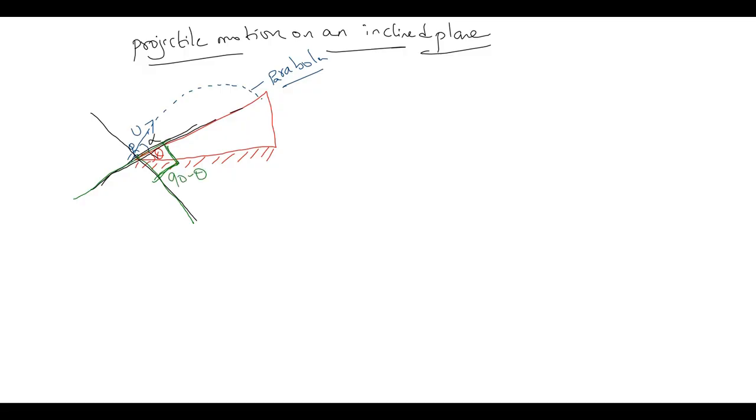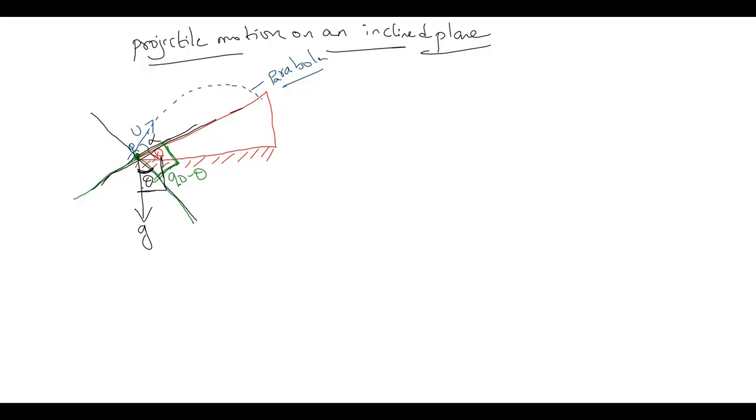As you are standing here, what will happen? g will be downwards, like this, correct? Because this is ground, g will be down. If this is 90 minus theta, this is theta, yes or no? Because these two make 90 degrees, 90 minus theta plus theta is 90.